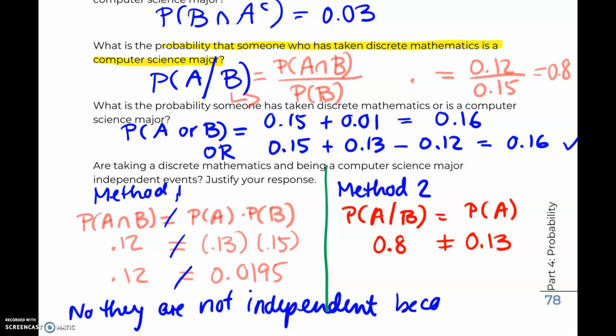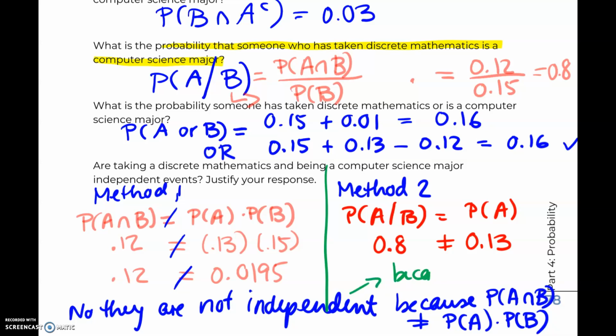You can either use the explanation that the probability of A and B is not equal to the probability of A times the probability of B. Or if you would rather use method 2, then you would say they're not independent because the probability of A given B is not equal to the probability of A. So both methods work. They're equally good. So use whichever one you prefer.